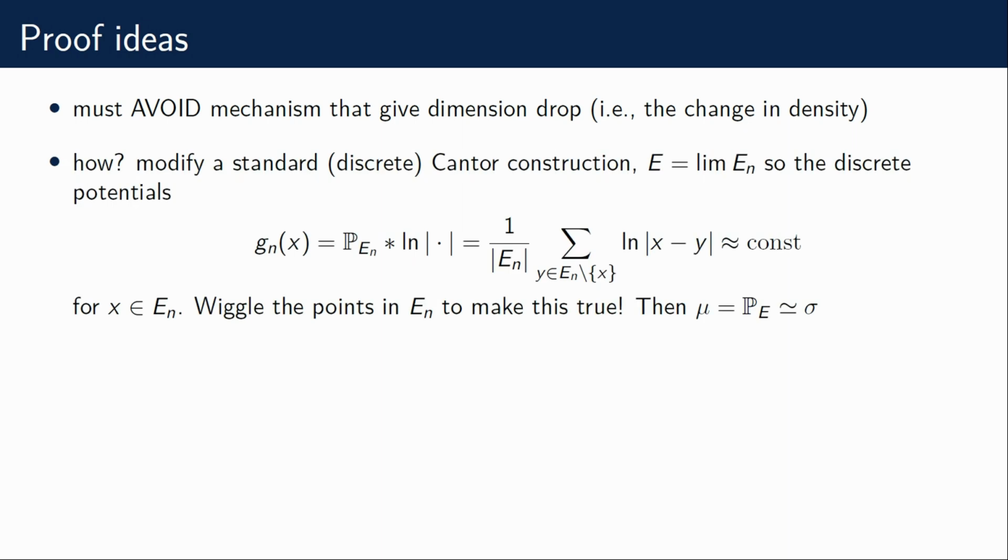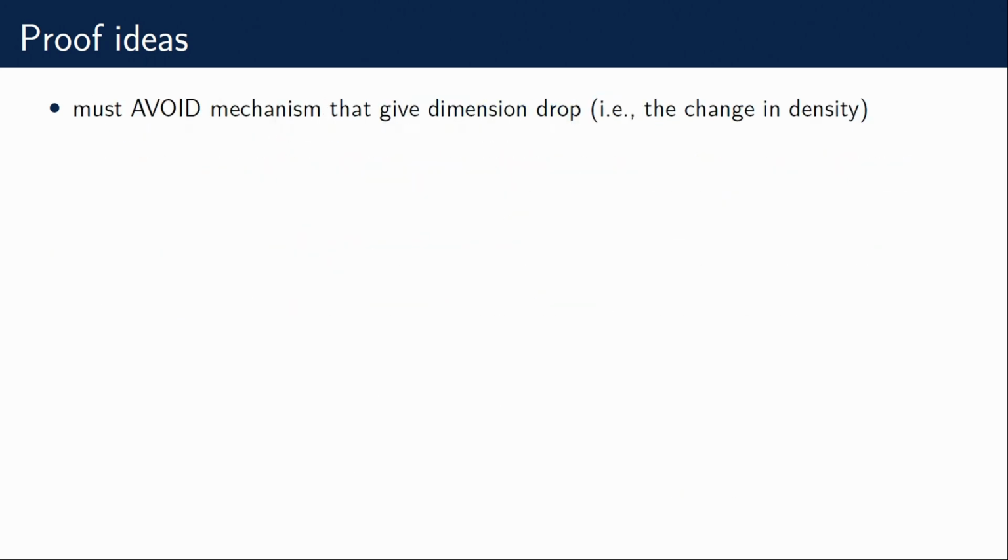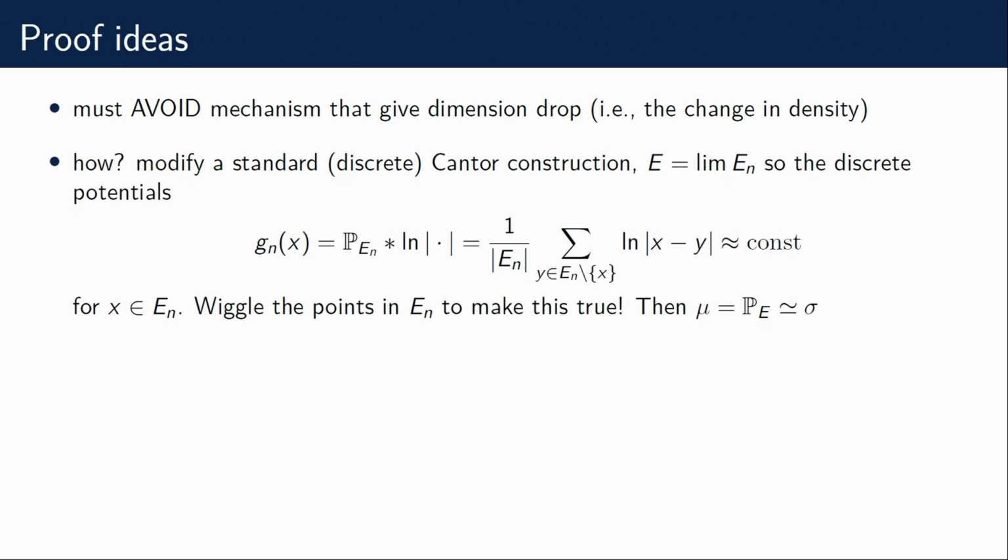And so how do we avoid it? Well, the simplification is that we're constructing a set discretely, and we essentially force the natural probability measure on the limiting set to be the equilibrium measure so that we know it explicitly. Computing potentials or these convolutions on smooth sets is hard, so we do it on discrete sets.